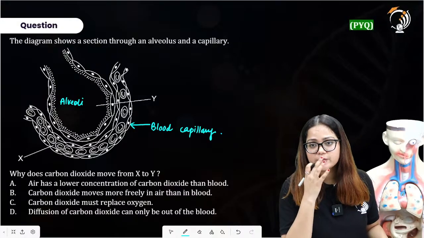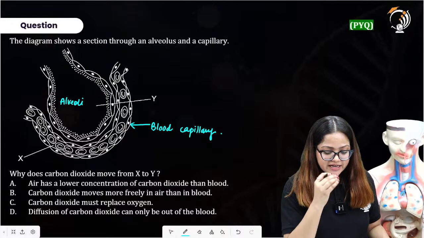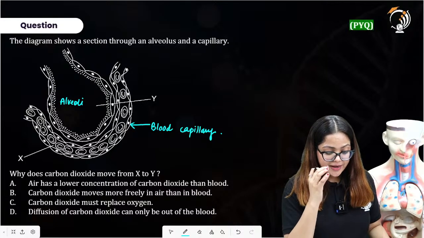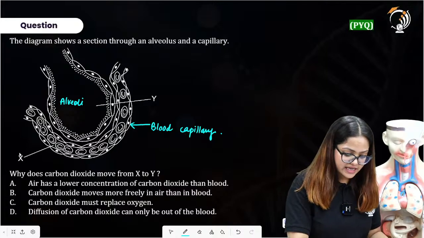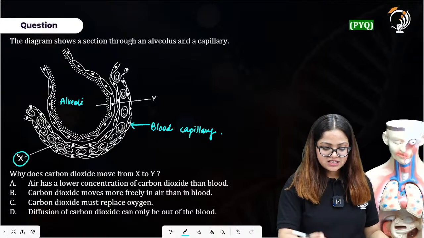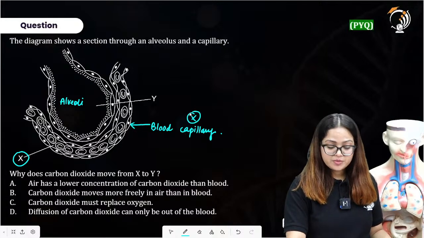Why does carbon dioxide move from X to Y? X is representing the blood capillary and Y is representing alveoli.